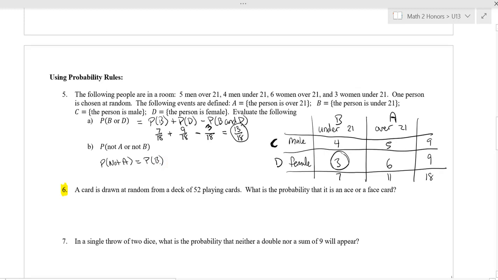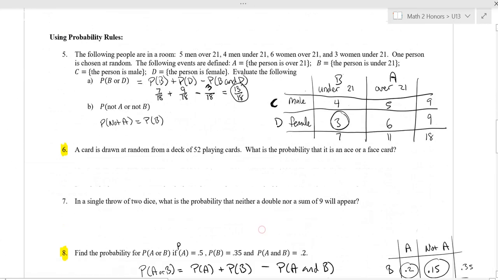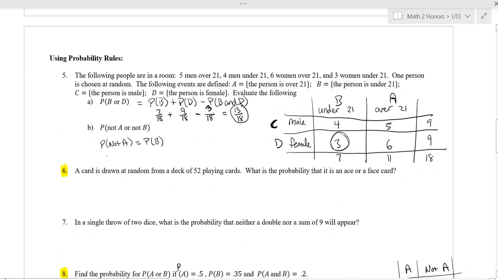So B would be the opposite of A. Also, the probability of not B would be the probability of A. So what's stated here, the probability of not A or not B, is the same thing as saying what's the probability of B or A.